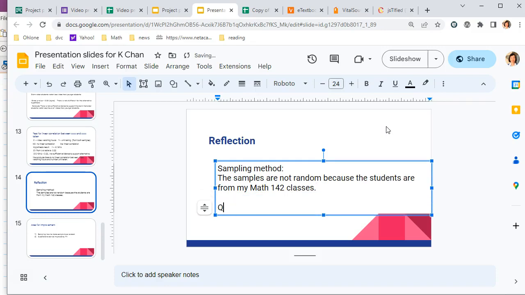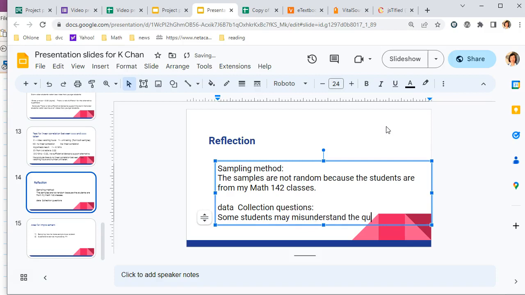What about the questions? Are there any issues in the data collection part? And data. I think some students may have misunderstood the question, and so on, right?